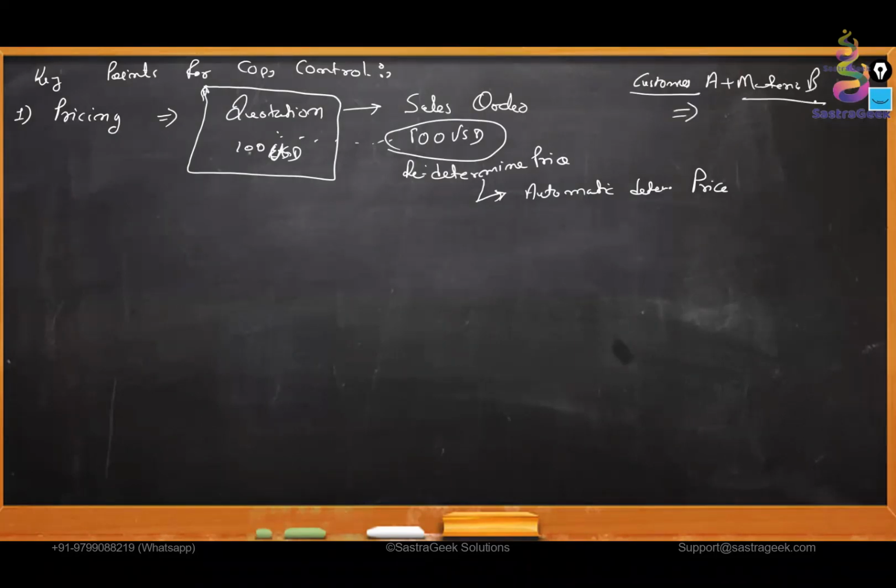If he buys the material B, always I will charge him 80 USD. This is my automatic price condition record in the system, right? So this may get determined. This can be one example. But our quotation had agreed 100 USD because we had considered some other government problems, breakup and all. We increased our margin and that's why. So if you do the redetermine price in this scenario, system will actually determine the 80 USD.